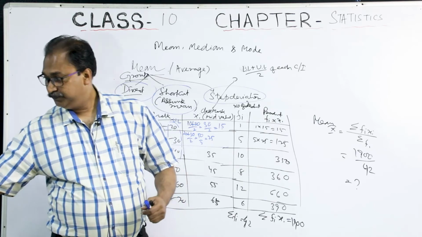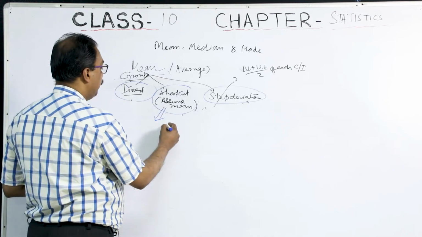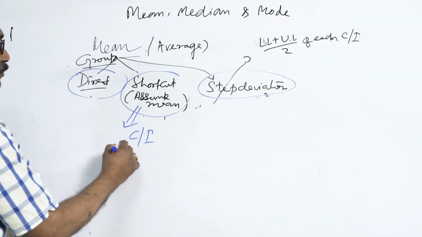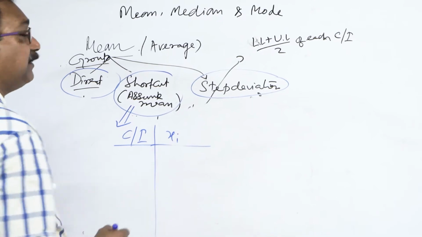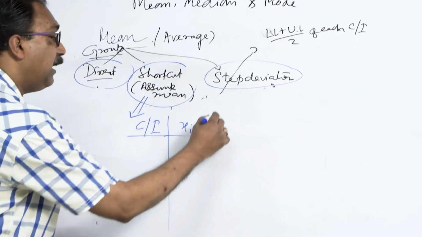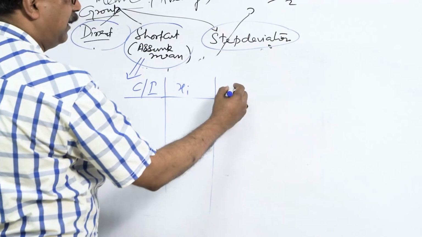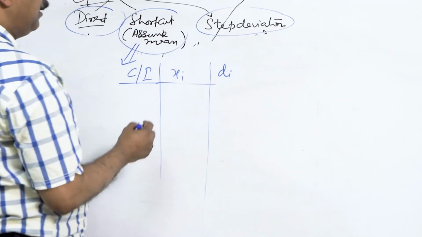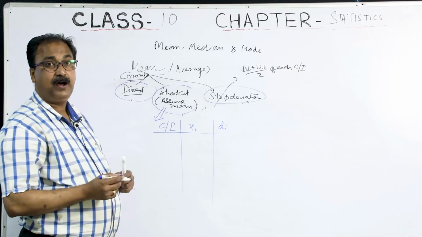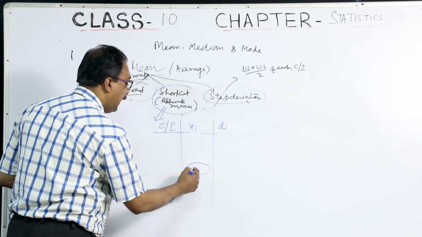Now this method. Look at this method. First of all, class interval or marks, whatever they are given, you write. Then after that, you have to find xi, that's called mid value. Then after that, you have to go for deviations, di. Before di, you have to first find the middlemost value, that's called a.